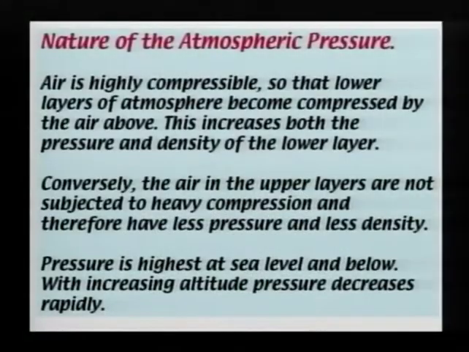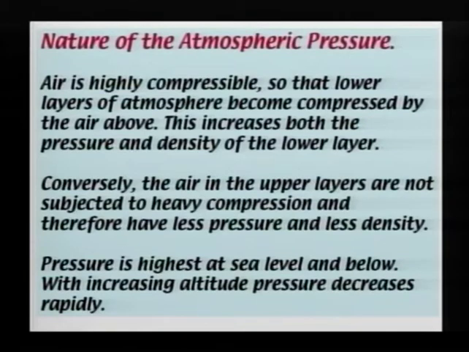Looking at the nature of atmospheric pressure, perhaps some of the important facts that we need to also remember when we are dealing with air pressure. Air is highly compressible, so that lower layers of the atmosphere become compressed by the air above. This increases both the pressure and density of the lower layer.